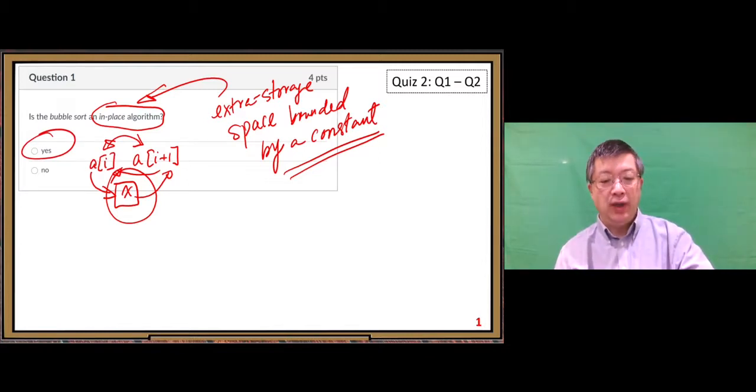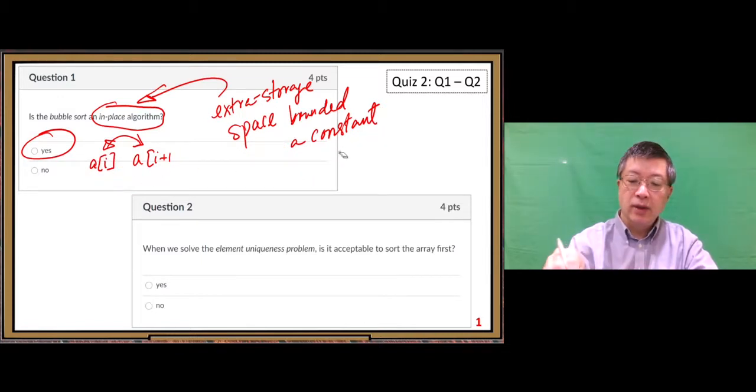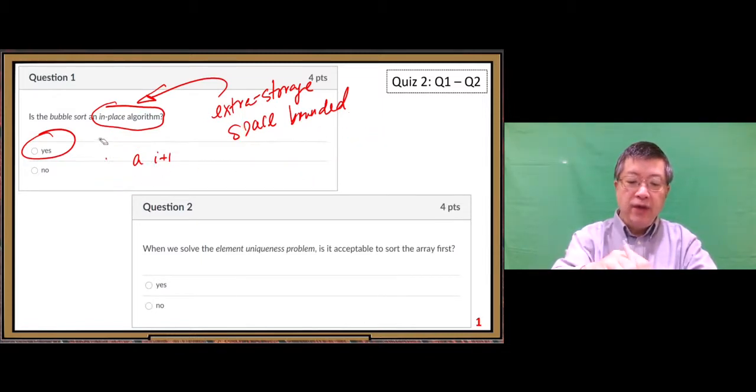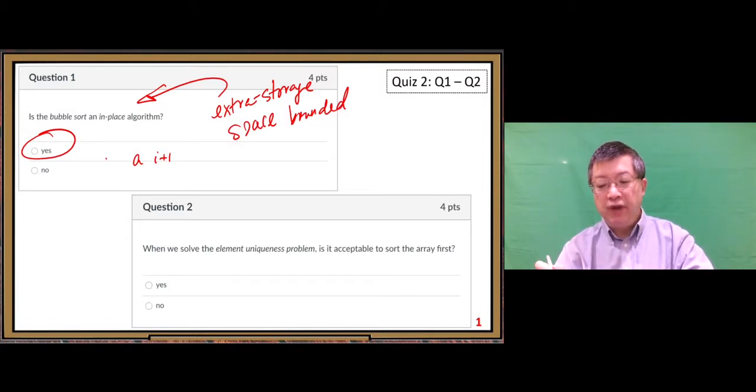All right. Question 2. When we solve the element uniqueness problem, is it acceptable to sort the array first? In the notes, we learned 2 algorithms. One, we do not sort it. We just find the answer directly.